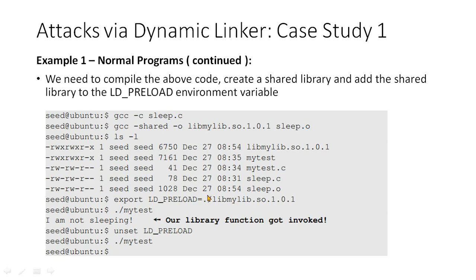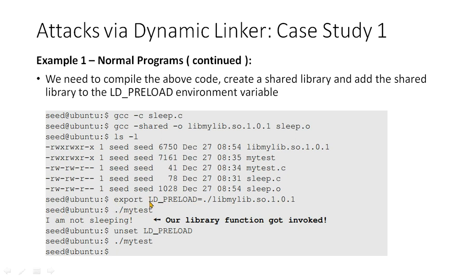So it will become the child process's environment variable because it's exported, right? So we export it and we run my test. My test will be run as a child process of the current shell. That's why it inherits LD_PRELOAD as its environment variable.